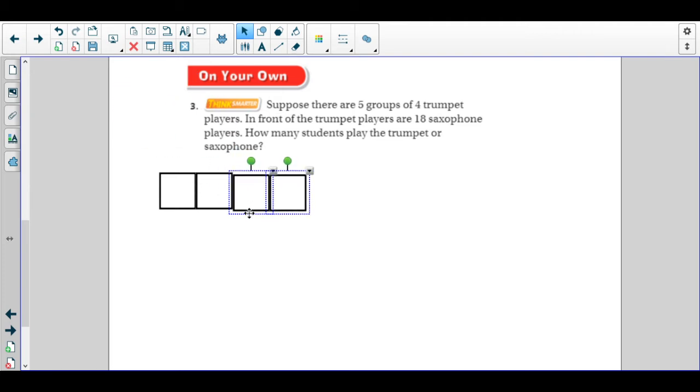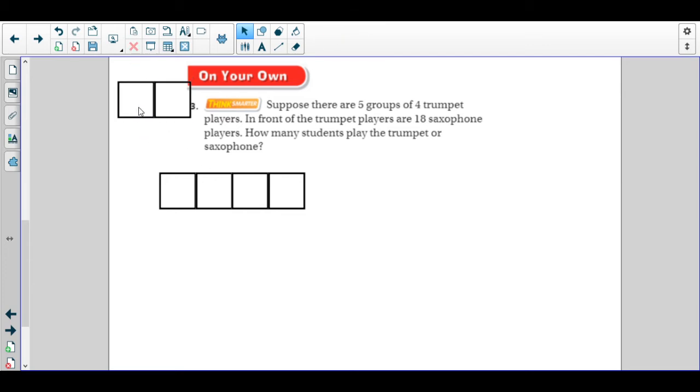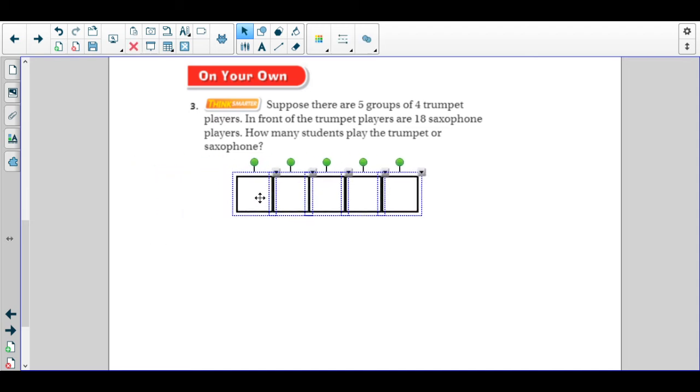And here we are. So we have 5 groups of 4 trumpet players.